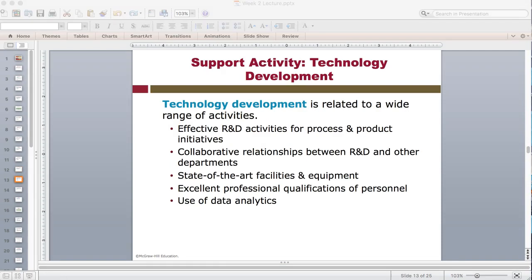Another key internal support function is technology development, involving R&D, bringing to market new products, introducing technology into the company and the various functions. Those are, again, a key element.